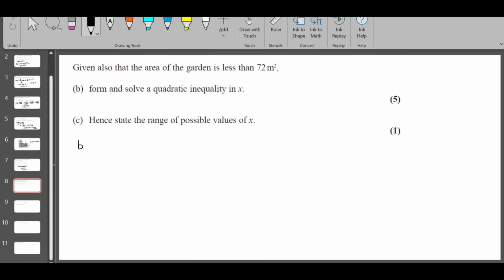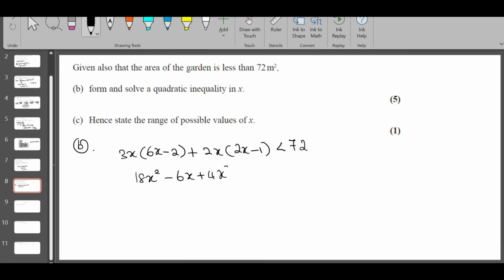So part B, 3x times 6x minus 2 plus 2x times 2x minus 1 is less than 72, which is 18x square minus 6x plus 4x square minus 2x minus 72 is less than 0. You're going to get 22x square minus 8x minus 72 is less than 0.